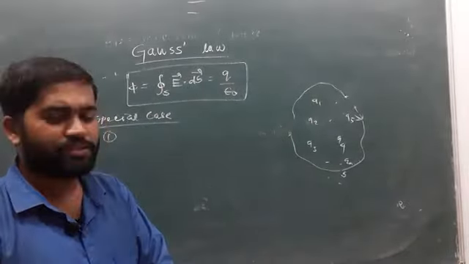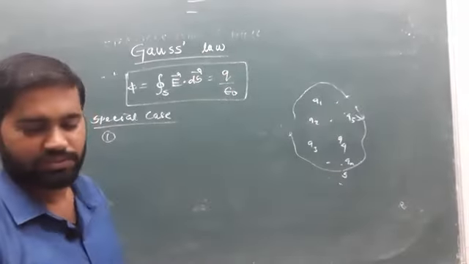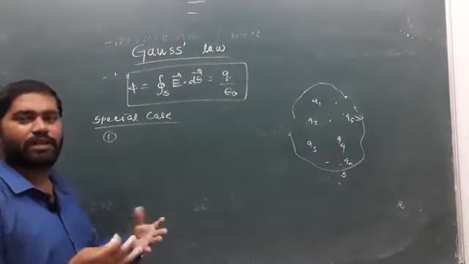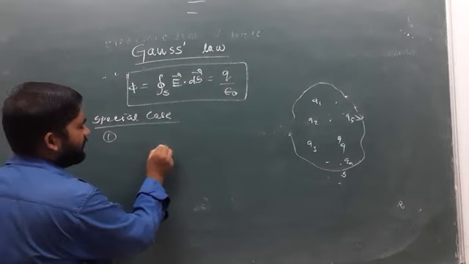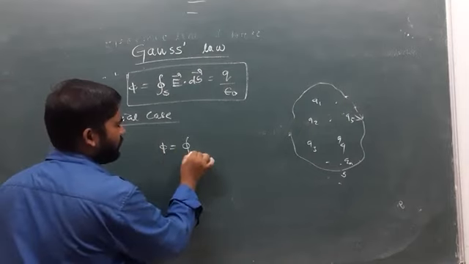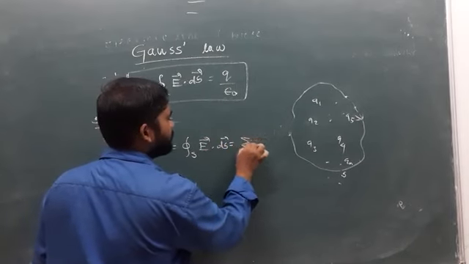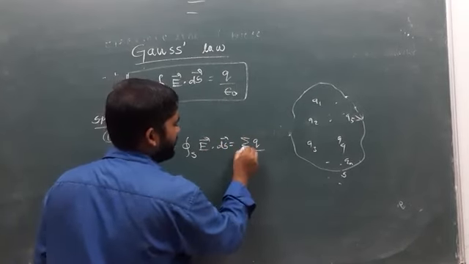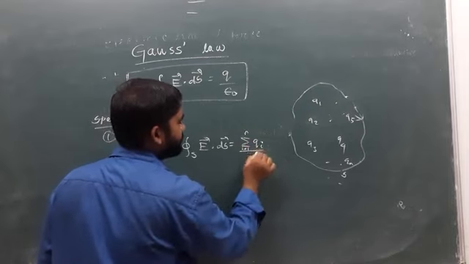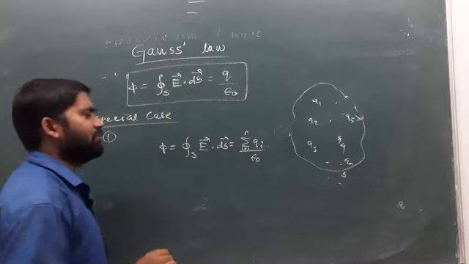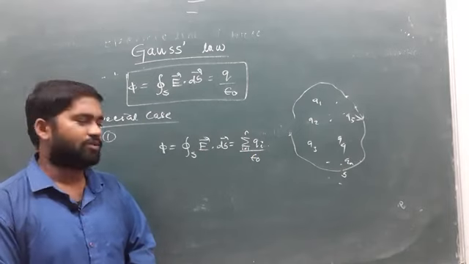So the total electric flux phi equals closed integration S E dot ds equals summation of qi from i equal to 1 to n divided by epsilon 0, that is q1 plus q2 and so on, the net charge enclosed by the surface.